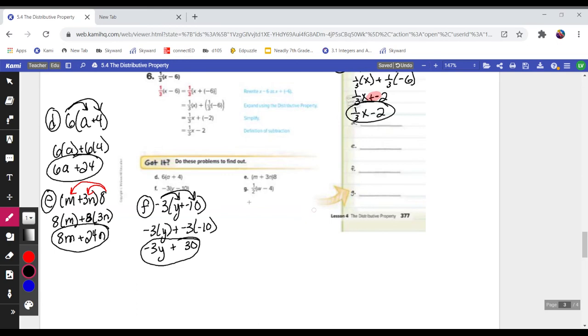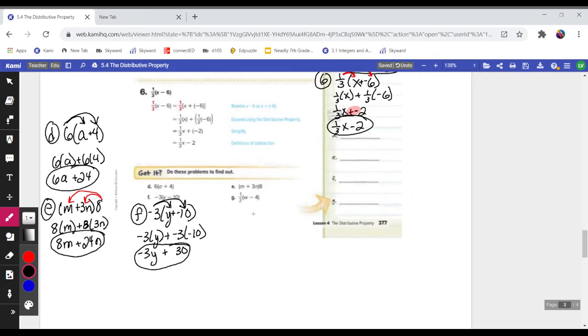Letter G. We have 1/2 times quantity w minus 4. So I'm going to change this subtraction to adding a -4. Then I'm going to distribute my 1/2 to w and to -4.